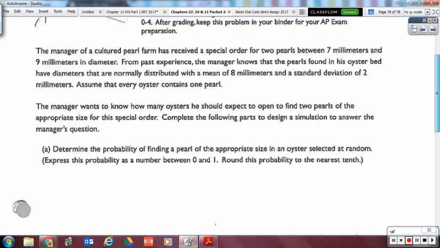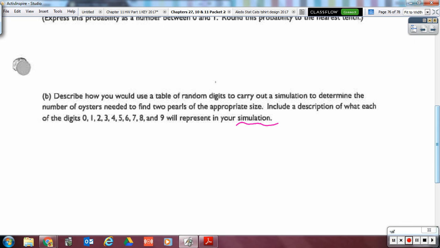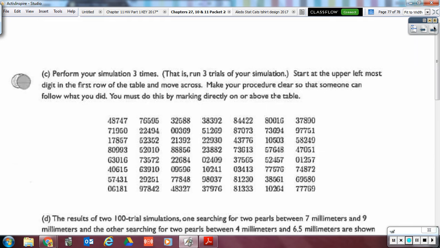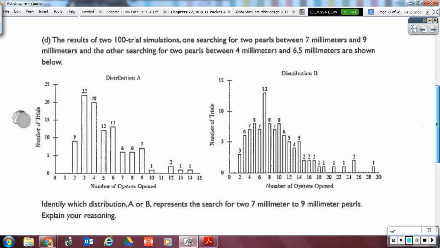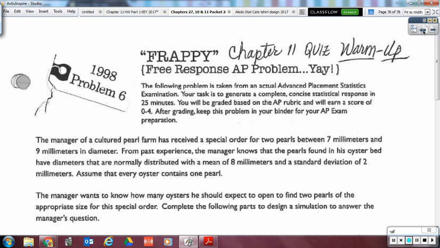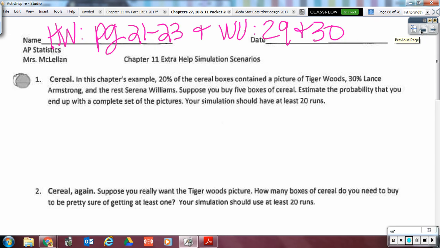The warm-up on page 29 first asks you something with a normal model, and then part B asks you to do a simulation, and then on part C or part D it gets into extension questions about it. All right, so there's your assignment: 21 through 23 and 29 and 30.